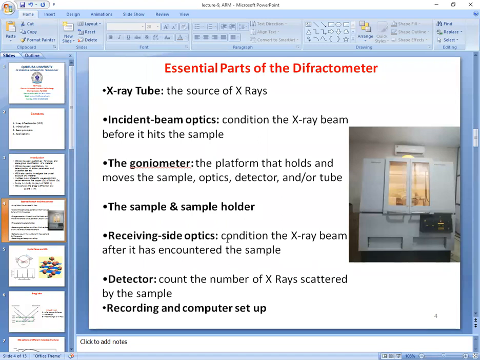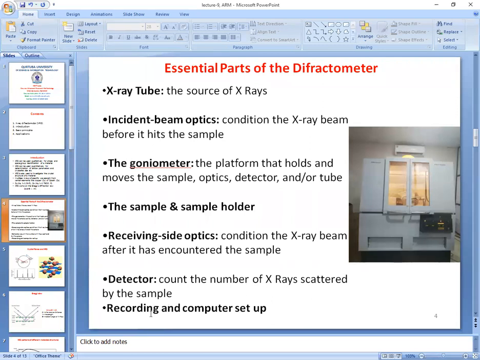Receiving side optics condition the X-ray beam after it has encountered the sample. Detectors: you need a detector which counts the diffracted beam, that is, counts the number of X-rays scattered by the sample.